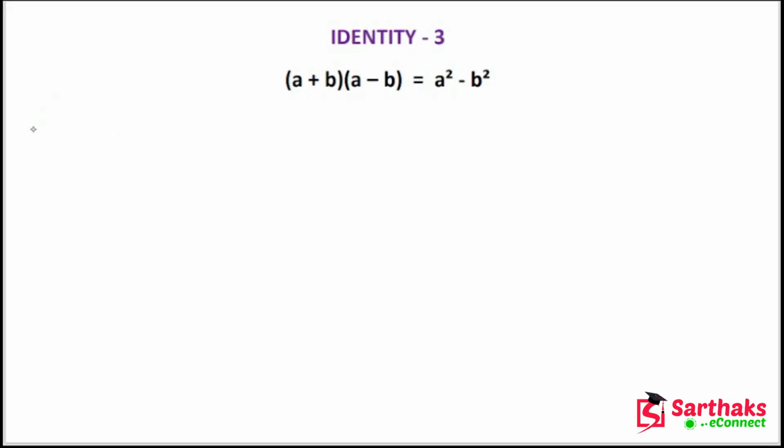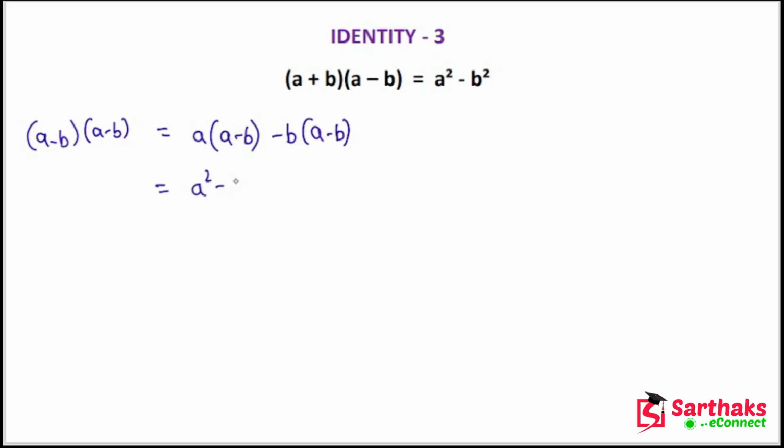Okay, so let us prove that also. Now it is already given in the form of a product of binomials, so let us just multiply them. So (a plus b) into (a minus b), right?